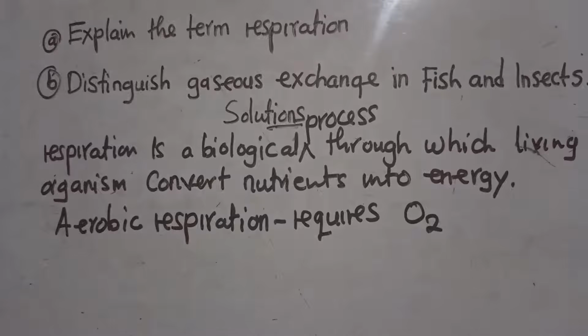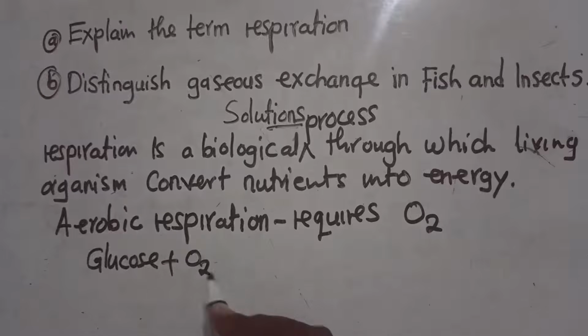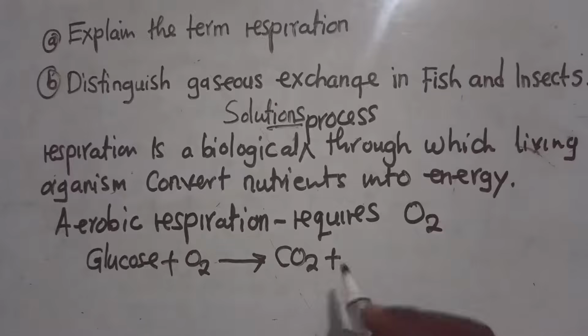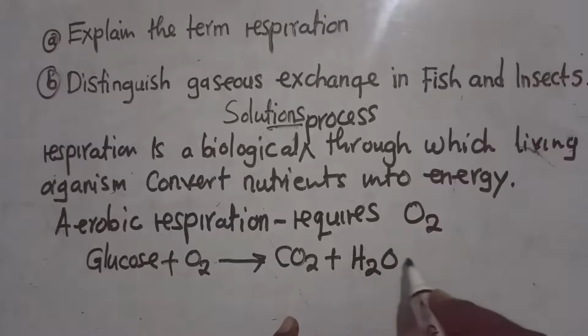You discover that it involves the breakdown of glucose to produce energy, carbon dioxide and water. So the equation that summarizes aerobic respiration is: glucose plus oxygen gives carbon dioxide plus water plus energy.